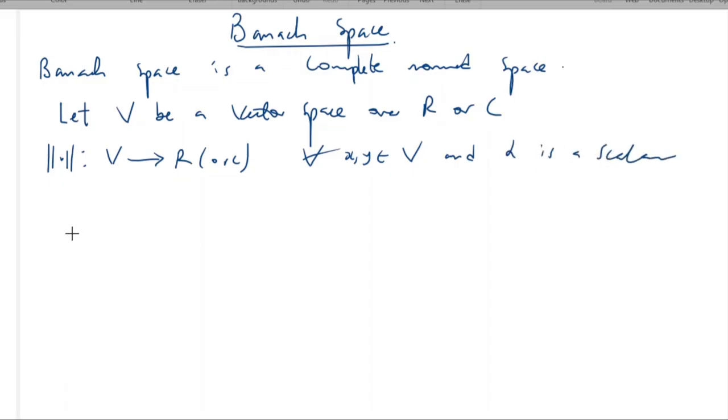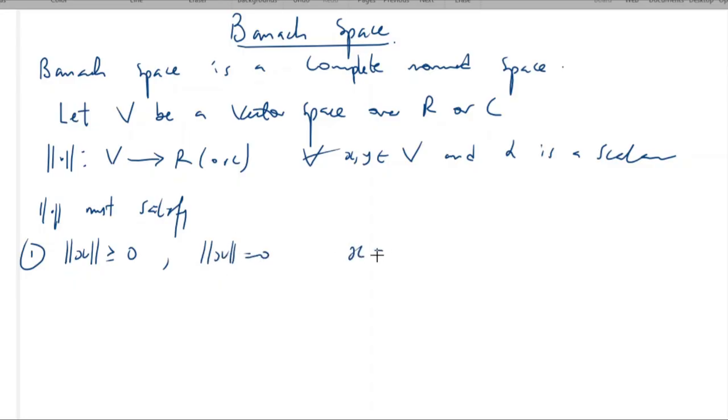So now, the norm must satisfy the following. The first property, norm x must be greater than or equal to 0. When norm x is equal to 0, x is equal to 0.